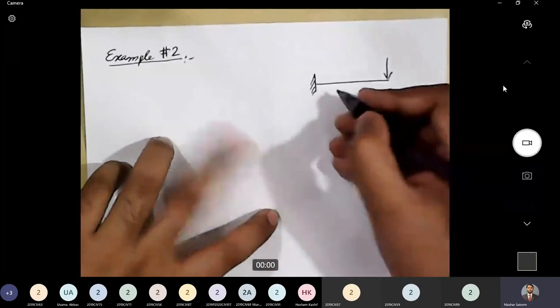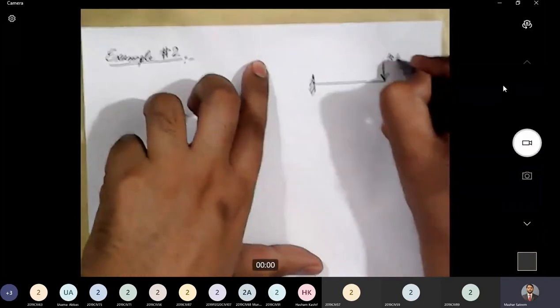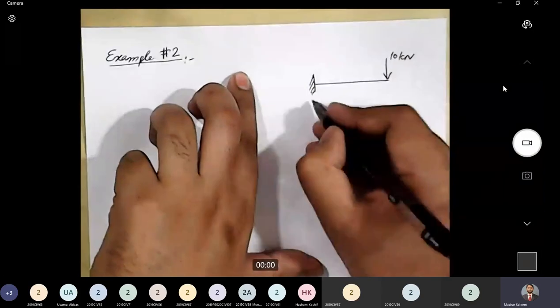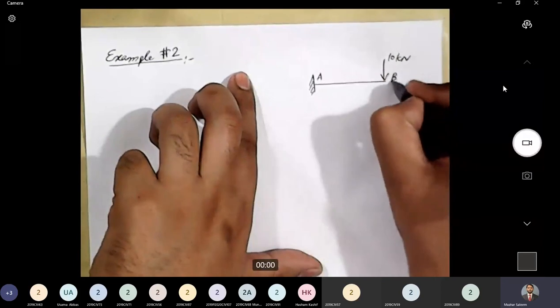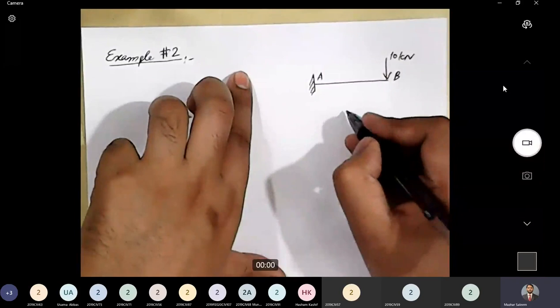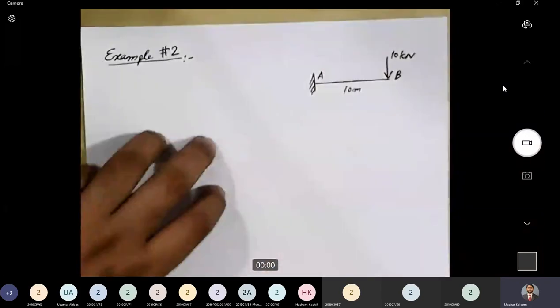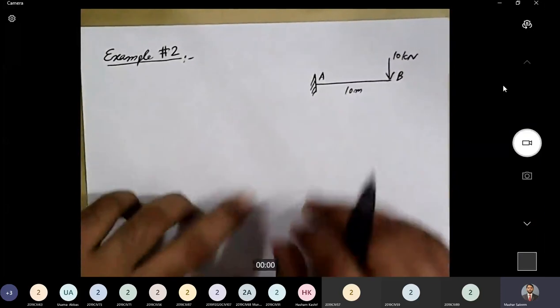We have a cantilever beam subjected to a single point load, magnitude 10 kilonewton, and we will label this point as point A, and this point is point B. Span of the beam is 10 meters. So let's see how we can draw the shear force diagram, bending moment diagram, and elastic curve.